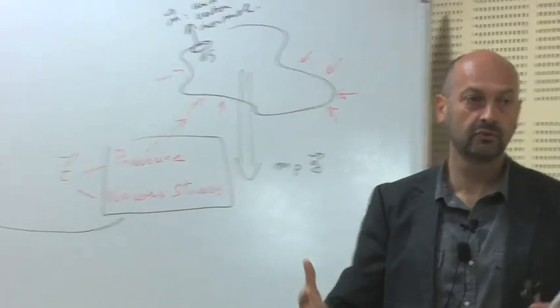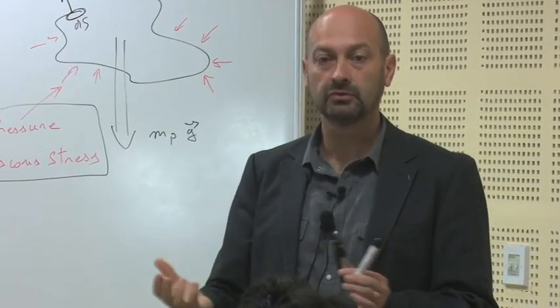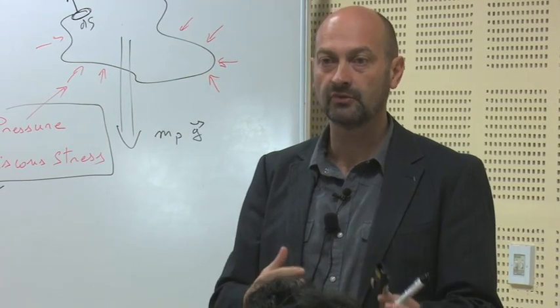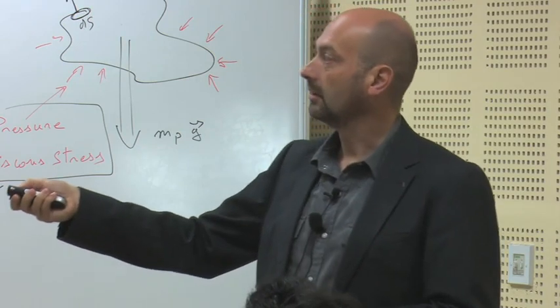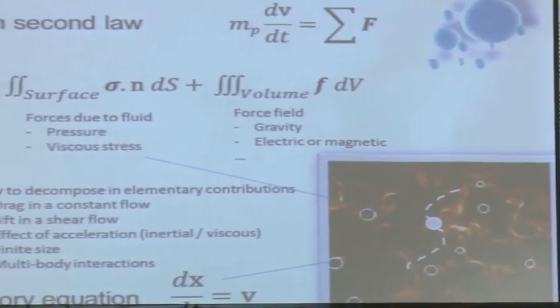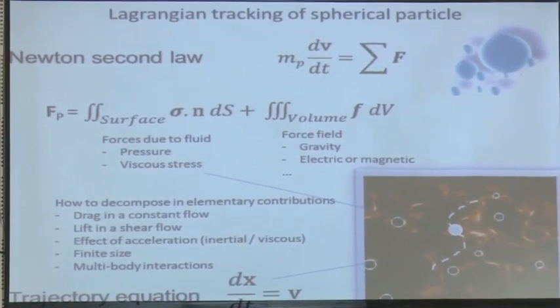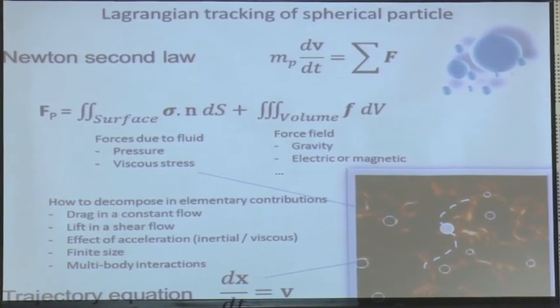And that will give you a total force and a total torque, but you don't know what is the contribution of each physical effect, because you may know that the force which is acting on a particle is the sum of different contributions. One is a drag, the other one is a lift, the other one is the added mass effect.